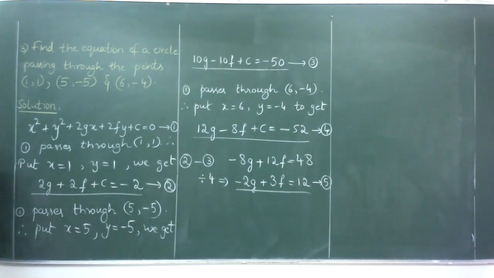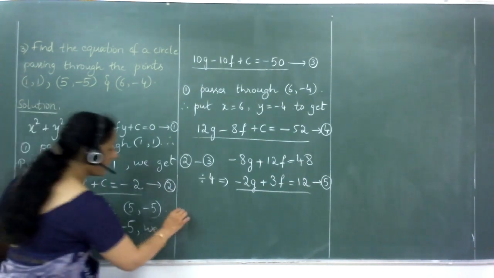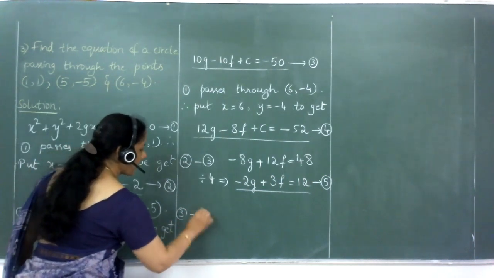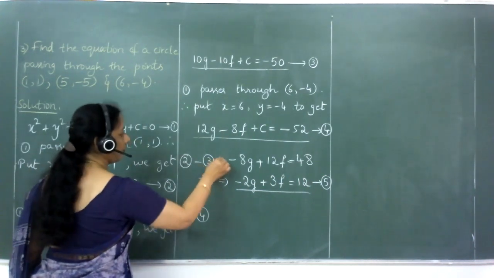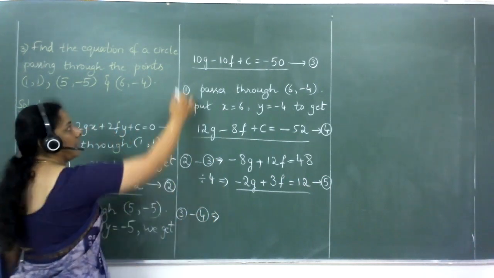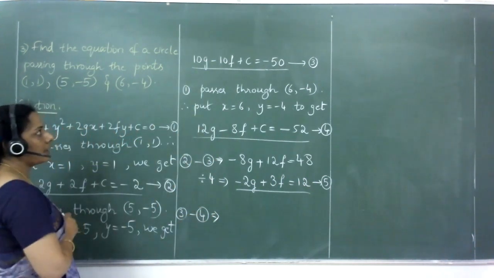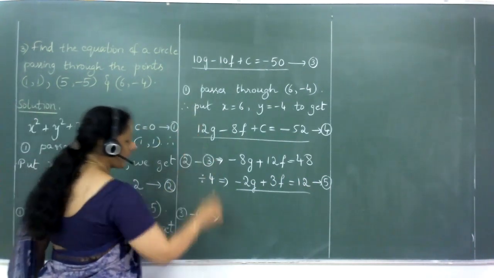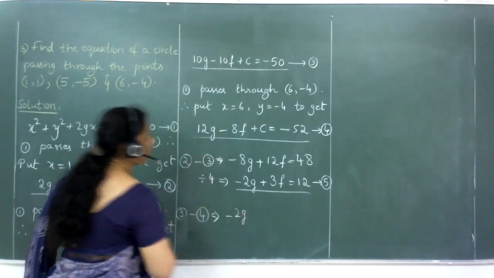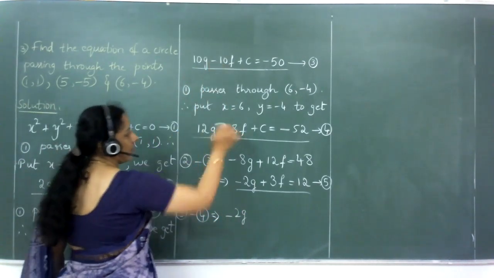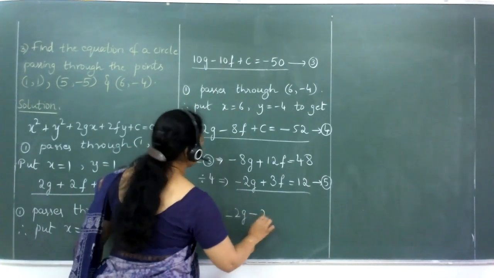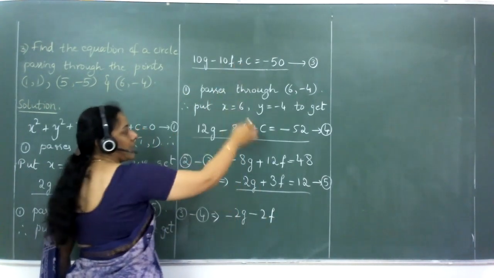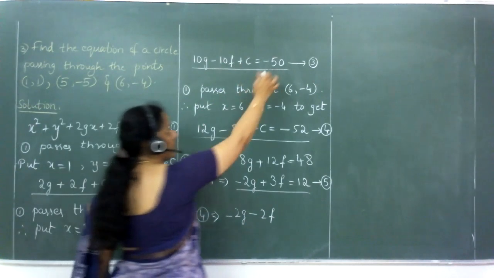Now we will be subtracting equations 3 and 4. 3 minus 4. What do we get on subtracting equations 3 and 4? 10g minus 12g gives me minus 2g. Minus 10f plus 8f will be minus 2f. Plus c minus c will get cancelled out.